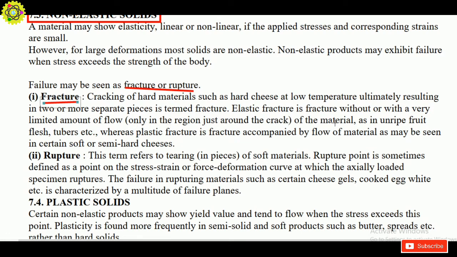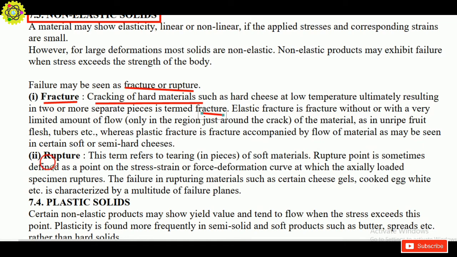Elastic fracture is fracture without or with a very limited amount of flow only in the region just around the crack of material, as in unripe fruit, flesh, tubes, etc., whereas plastic fracture is fracture accompanied by flow of material, as may be seen in certain soft or semi-hard cheese. So cracking of hard materials is termed as fracture.